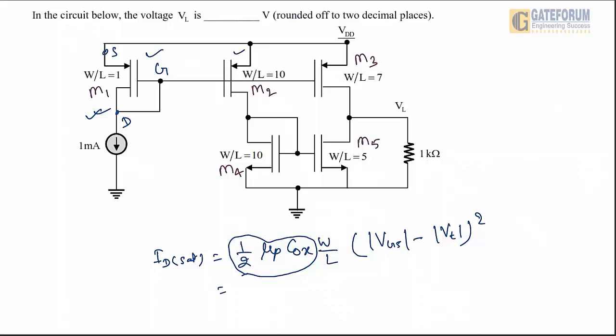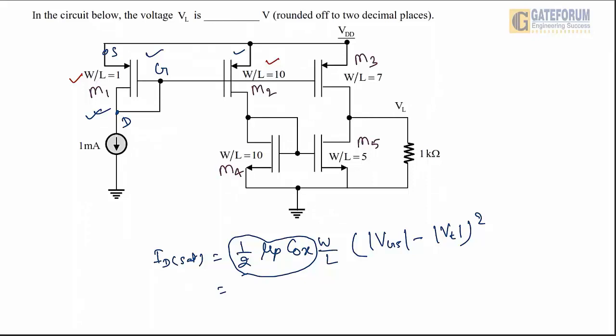Vt is also the same as both transistors are identical, only these two transistors differ with respect to the W by L ratio. For the M1 transistor W by L is 1, and for the M2 transistor the W by L ratio is 10. Due to that, the current carrying capability of the M2 transistor will be different.